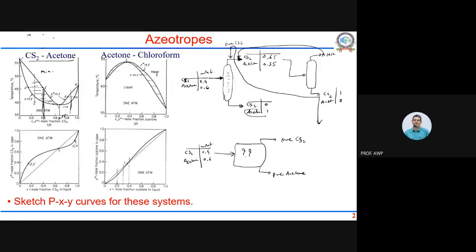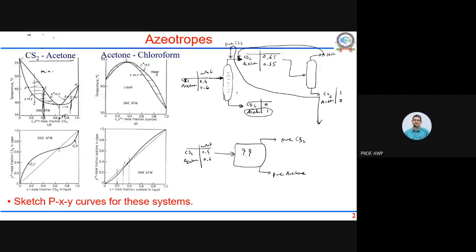Acetone has come here as pure. Now you're saying good idea. Earlier you were saying no, we are not getting an extra acetone anywhere. So if you are able to get additional acetone separated from that azeotrope, you tell me whether this is a good idea or a bad idea.